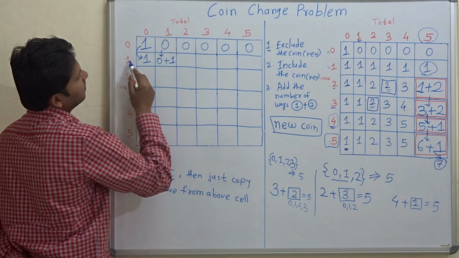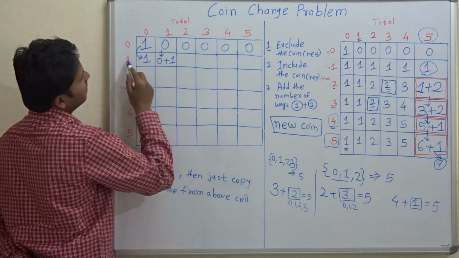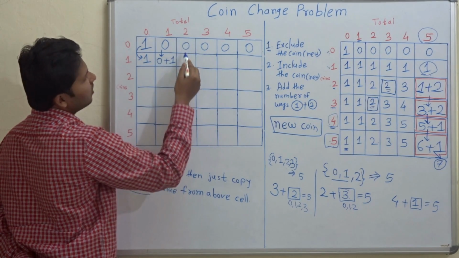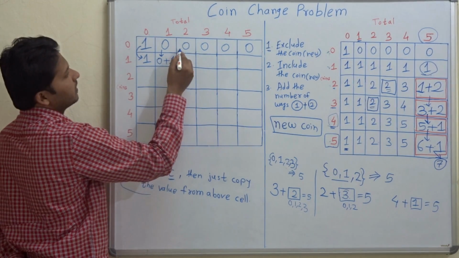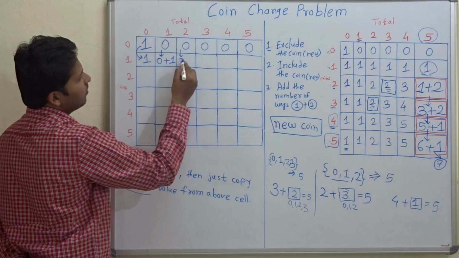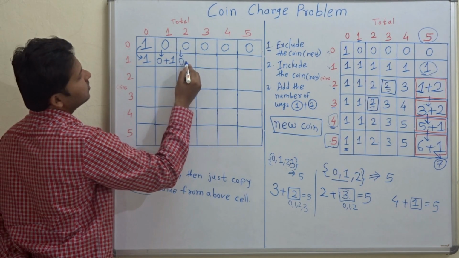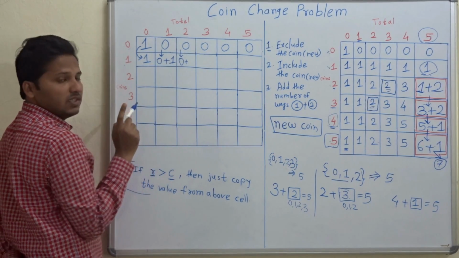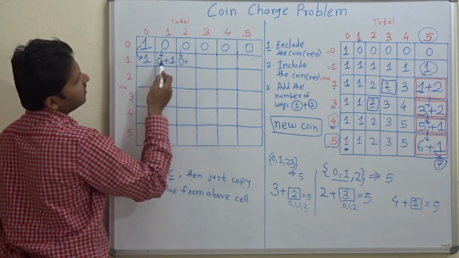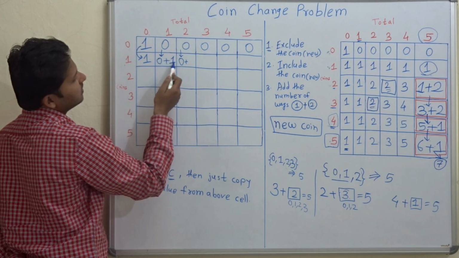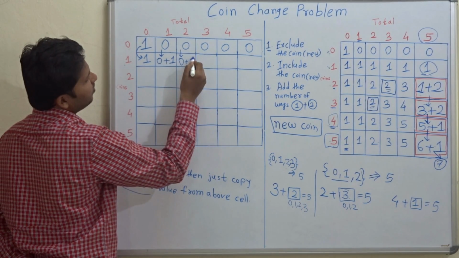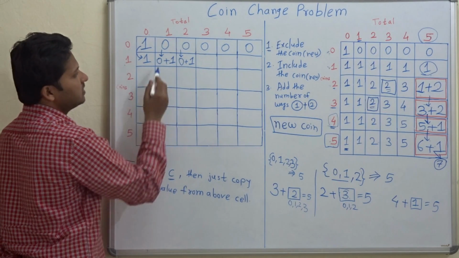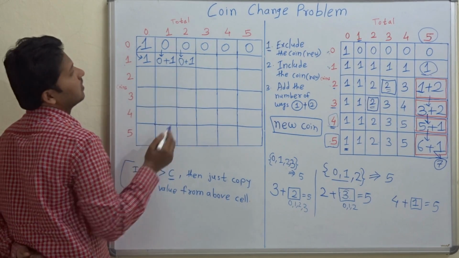Now here in the row there is 1 and in the column there is 2. Take the value from above cell. This is for excluding the new coin. And now 2 minus 1 is 1. So in the same row, go to the first column. So this is the value. So I copy this 1 here. 0 plus 1 is 1.